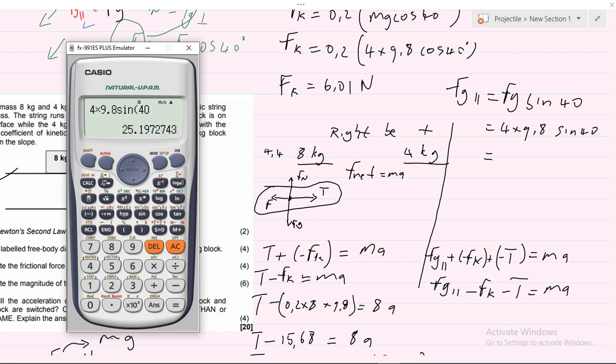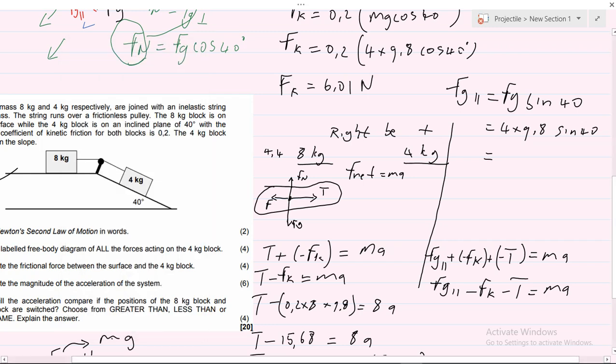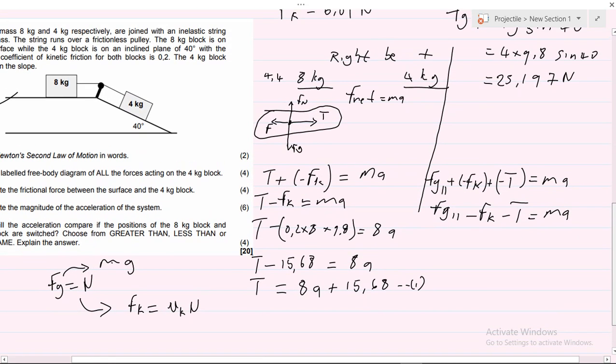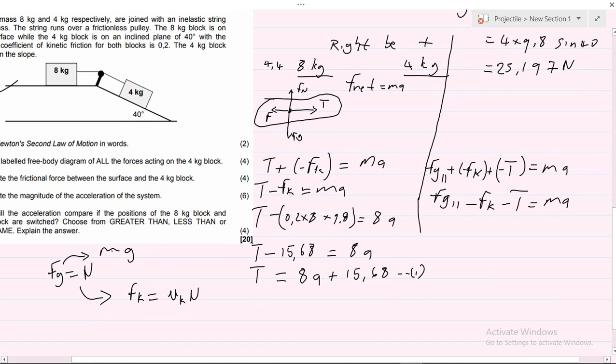Okay. Then when we do the calculations, we get Fg parallel, it's 25.197 newtons. Now let's take our Fg parallel and substitute here: 25.197 minus friction, we calculate and got 6.01, tension we don't know, which is equal to 4a.